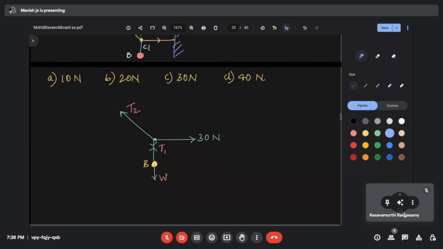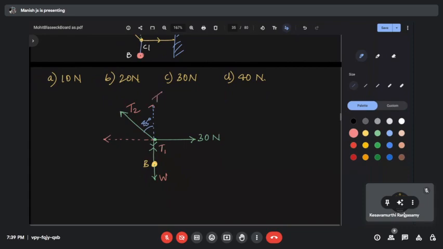And show the angle also. To the vertical we know that T2 is making an angle of 45 degrees. Now you start resolving T2. T2 can be resolved both in the horizontal and in the vertical plane. What are the components of T2 in the horizontal plane and in the vertical plane?